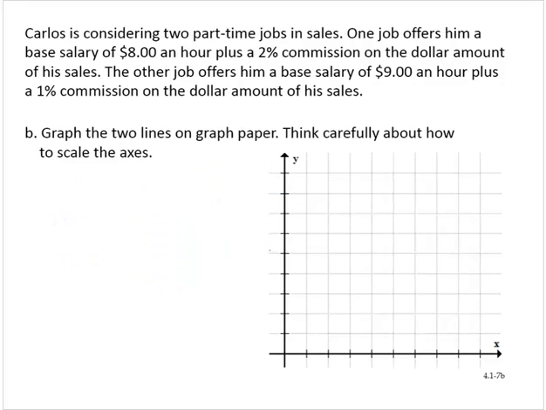Now we're asked to graph the two lines on graph paper. Think carefully about how to scale the axes. Alright, so again, the equations were y equals 8 plus 0.02x and y equals 9 plus 0.01x.